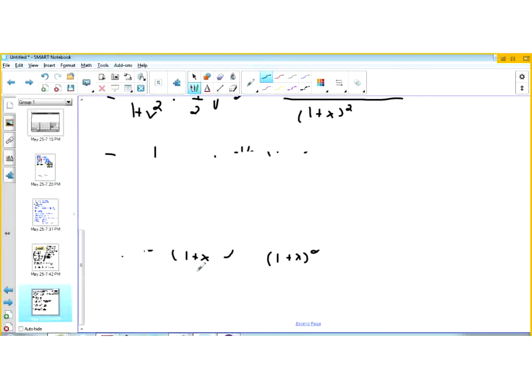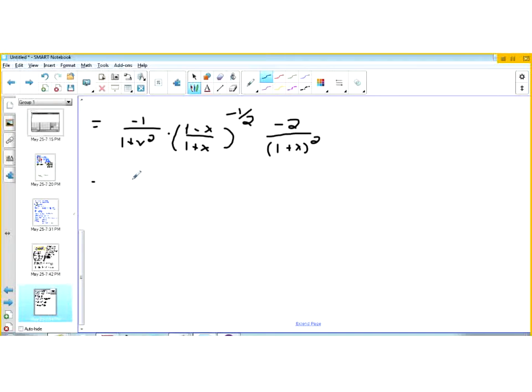V is the square root of u. So this would equal negative 1 over 1 plus the square root of u, squared. The square root of a function squared is its absolute value. I'll go ahead and flip this, since a negative exponent means to take the reciprocal.